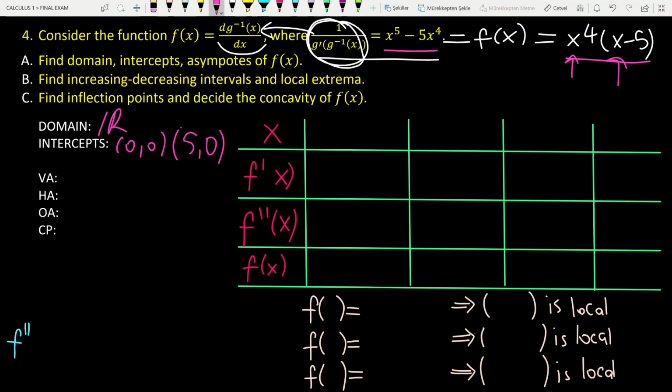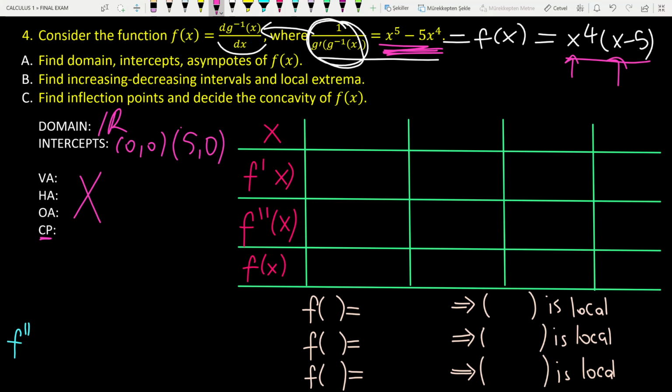Since you have a polynomial, you cannot have vertical, horizontal, and oblique asymptotes for this function actually. For instance, when x tends to infinity, this function tends to infinity, so you cannot have a horizontal asymptote. You don't have any point that makes the function undefined, so we skip this part.